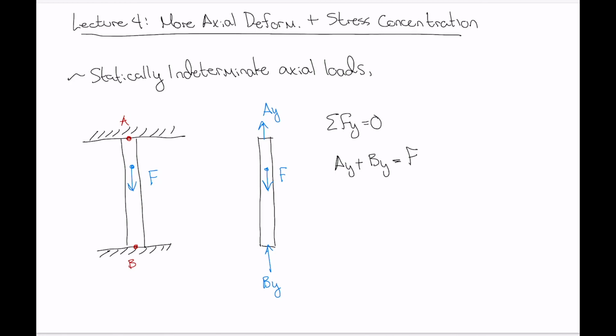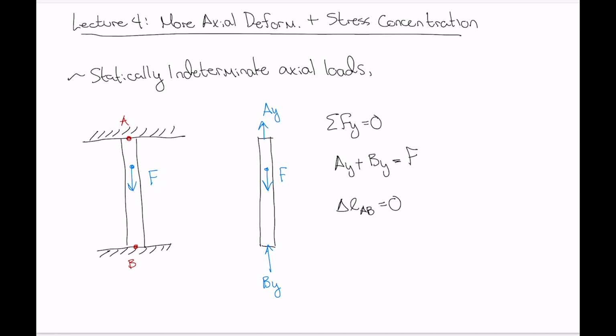One thing we do know about this object, as well as being static, is that if support A and support B are rigid, then the total length change of object AB when load F is applied has to be equal to 0. So we've got delta L_AB is equal to 0.